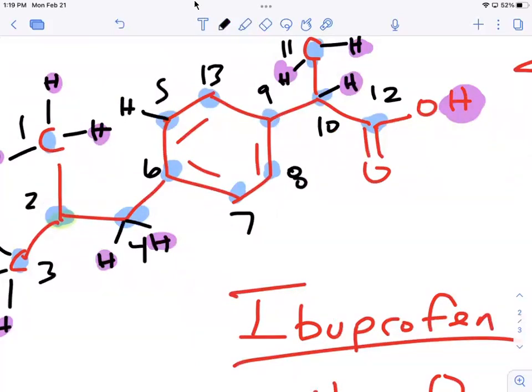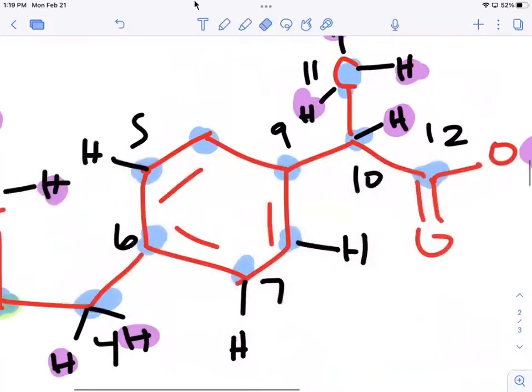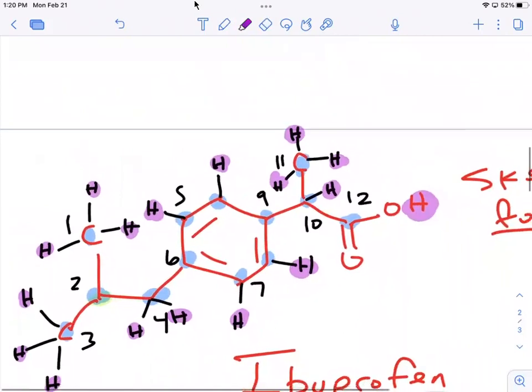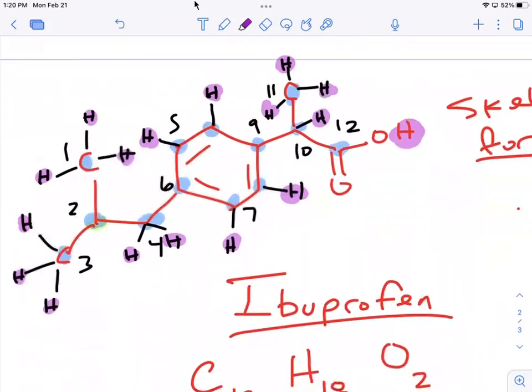And here, here, and here. All these are hydrogens. For the most part, on a skeletal form, if a position doesn't have anything on it, it's assumed that there's a hydrogen there.